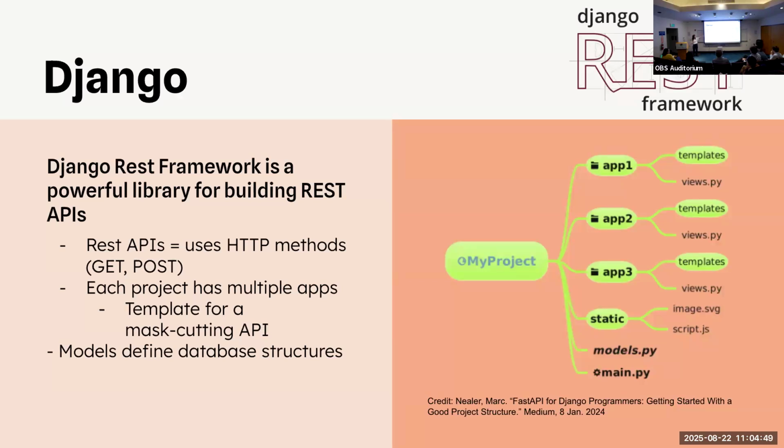So on that diagram to my left, you can think of it as each individual app being a separate API for a separate spectrograph. And all of this is working under one project.